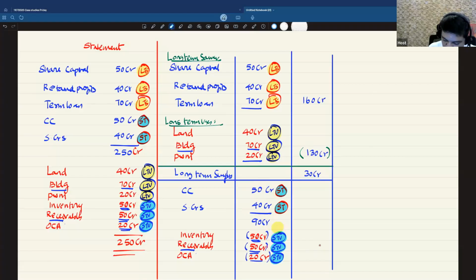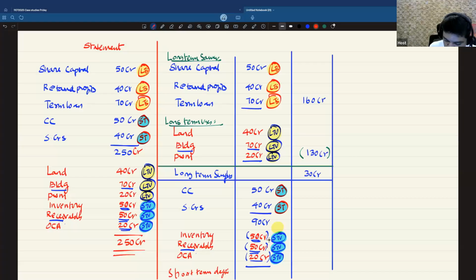So you have to recognize that from 90, 50 is paid off, another 50 is paid off, another 20 is paid off. It is not possible. So you will conclude that 90 minus 120, there is a deficit, and we call it a short-term deficit.